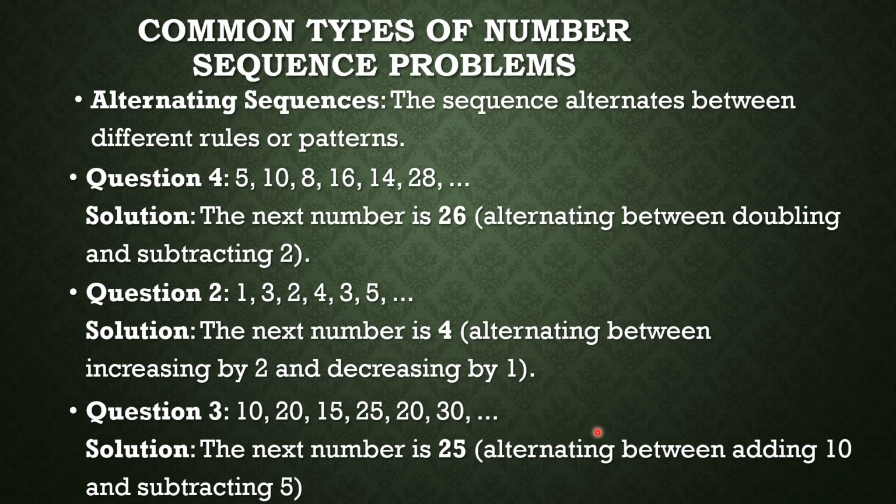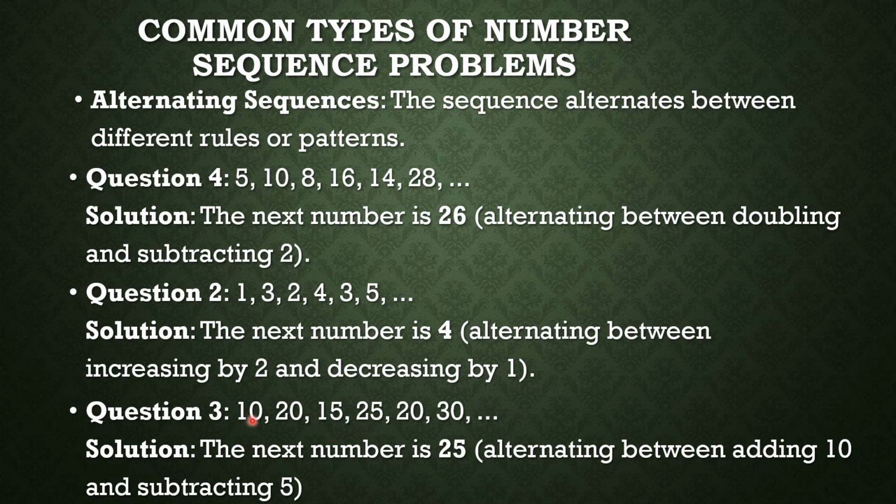Let's see the third example in this type of alternating sequence. If we see the difference between these numbers, in the first number we are doubling, then subtracting by 5, then again here if we see it's not a double, it's just an addition of 10.